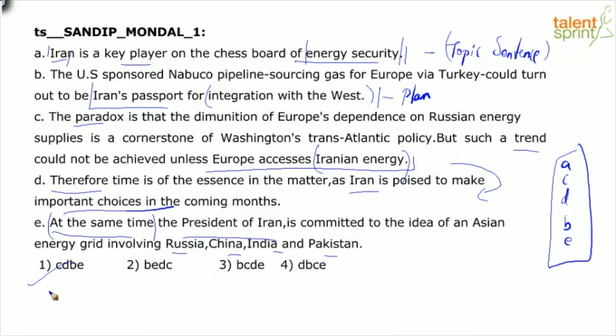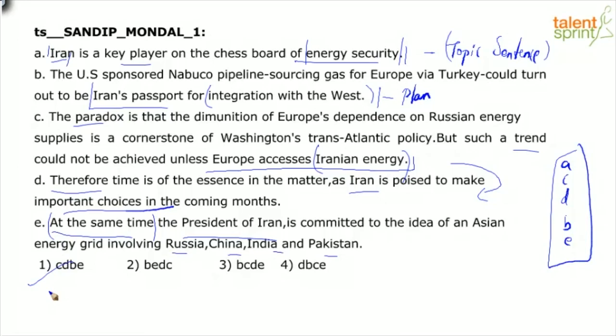So Europe is in a fix. One, its dependence on Russian energy supplies is something that is foundation, that is necessary. But at the same time, it wants to achieve other things by accessing Iranian energy. So it's contradicting.